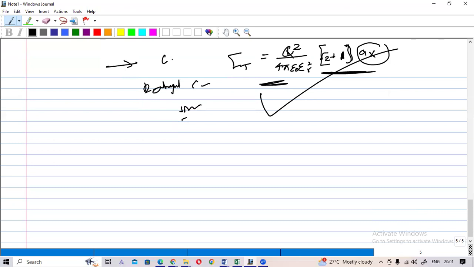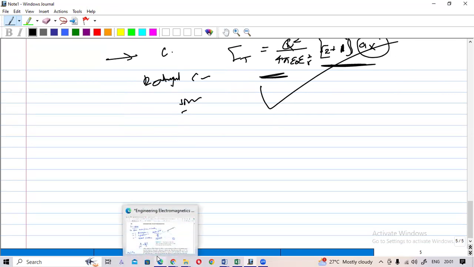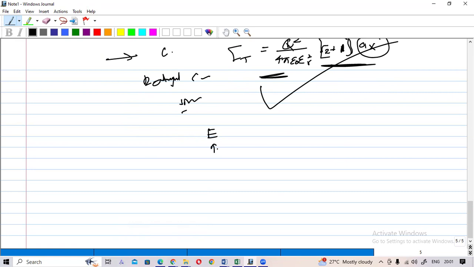Okay. So maybe using the Coulomb's law, another term is defined, that is the electric field intensity. Okay.